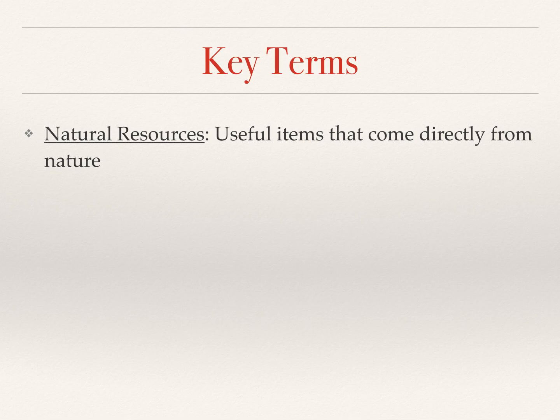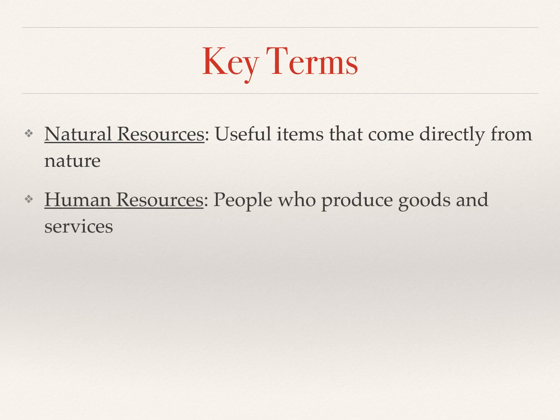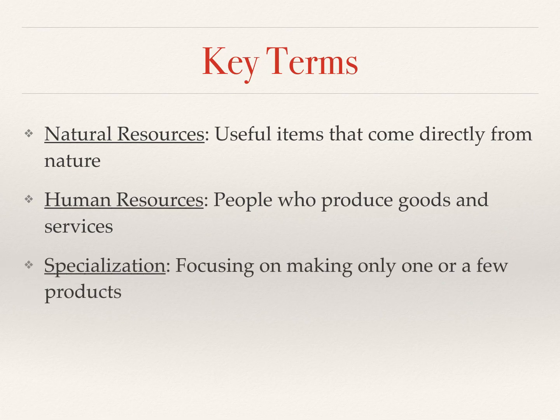Another type of resource is human resources. Humans are people. So human resources are people who produce goods and services. Next term is specialization, which is focusing on making only one or a few products. So each region will specialize in just a few products.